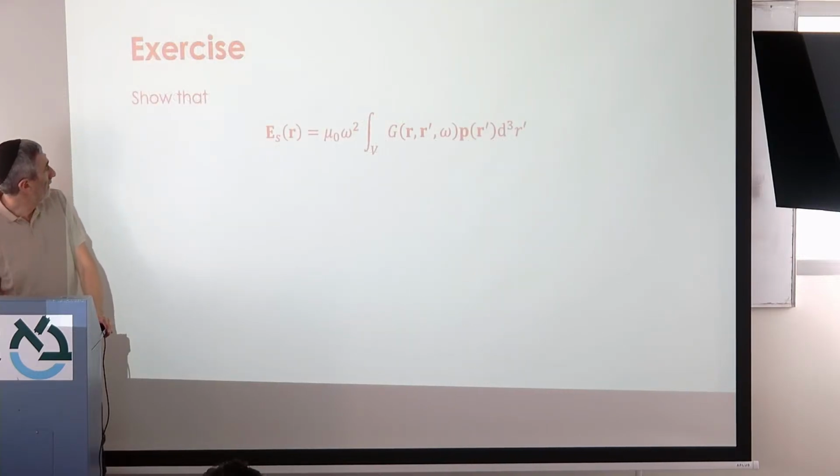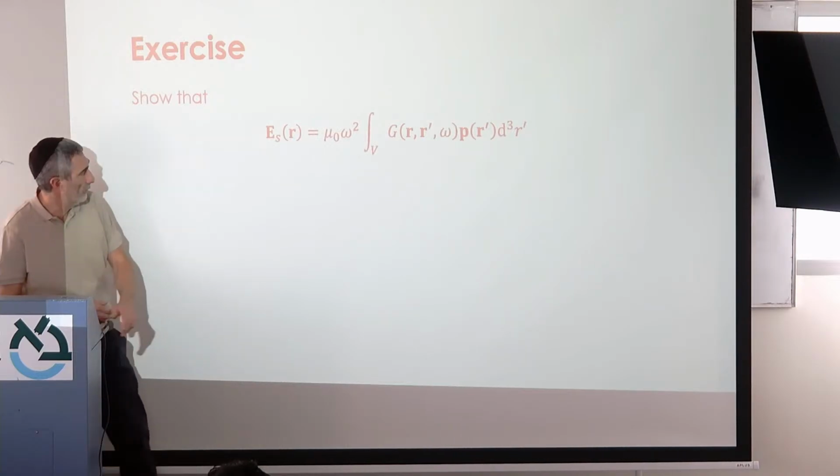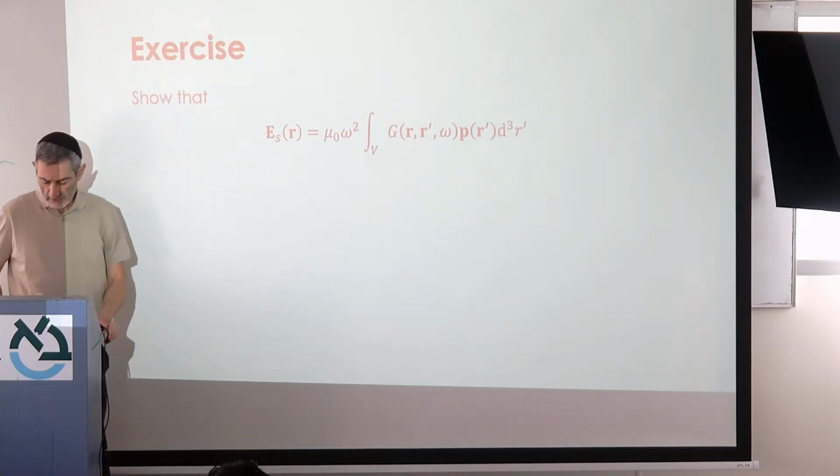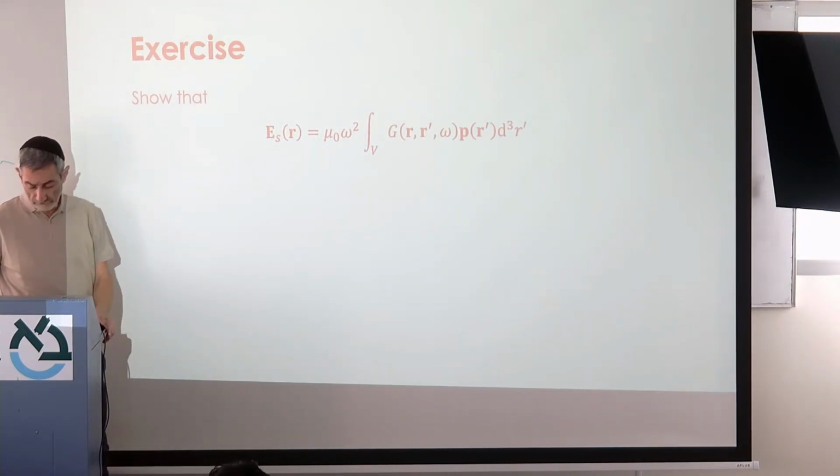So let's say, as an exercise, let's show that we have indeed this relation between the scattered field and P, the polarization density of the medium, of the volume of the scatterer. So how do we proceed to show that? I give you the main steps.